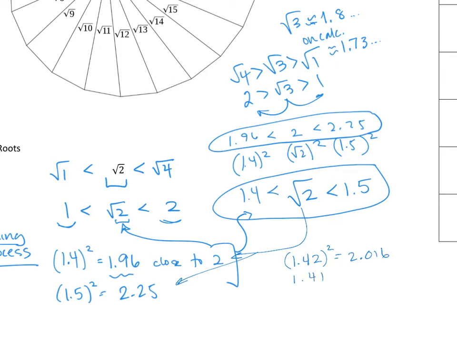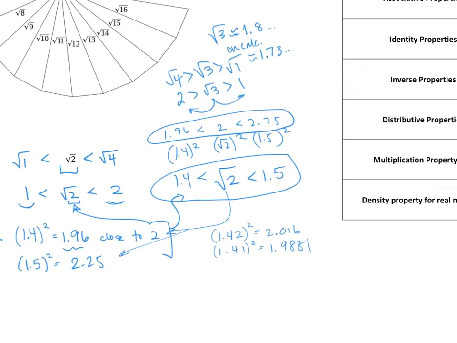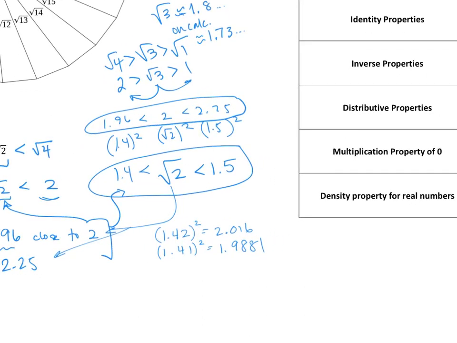And let's go the other way then. 1.41 squared, that's 1.9881. So that's really getting closer to 2. So what I can say is that radical 2 is between 1.41 and 1.42. So we've come up with a pretty close approximation that it's going to be right between those two. So like 1.415 if you want.